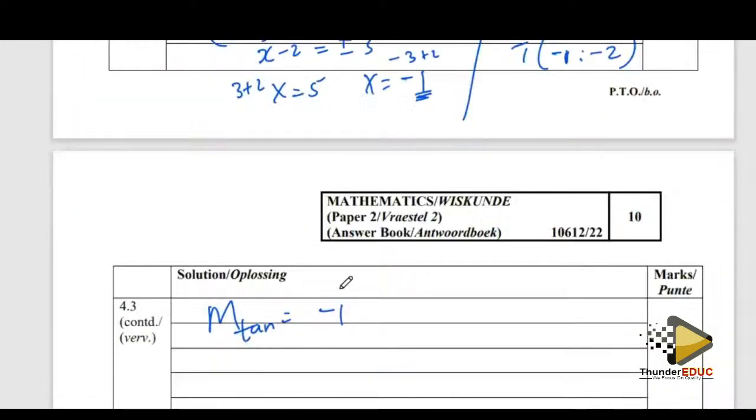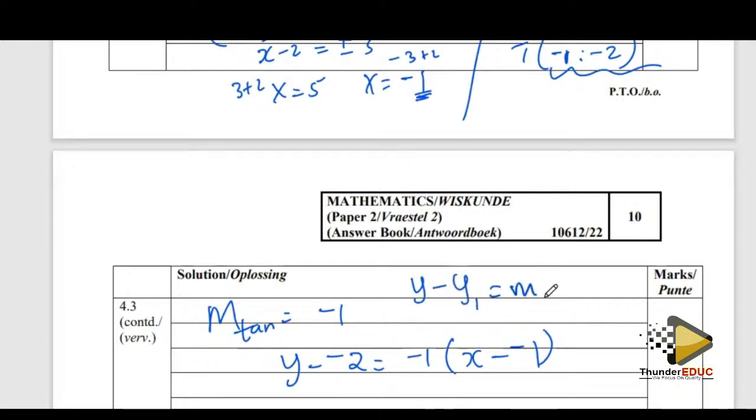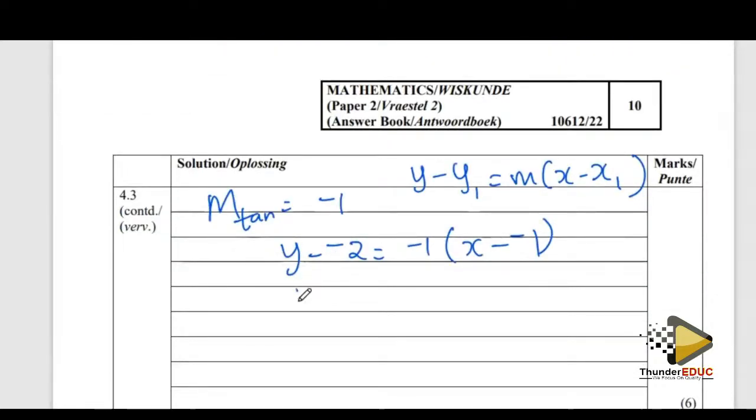And then when you divide both sides, you get negative 1. So negative 1 as a gradient and the coordinates as that. So I'll say y − (−2) = −1(x − (−1)). I'm using this kind of format to determine the equation of the line. Like we said, mx + c can also work perfectly well.